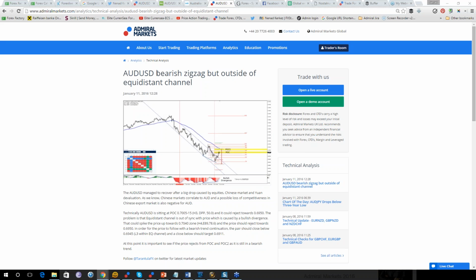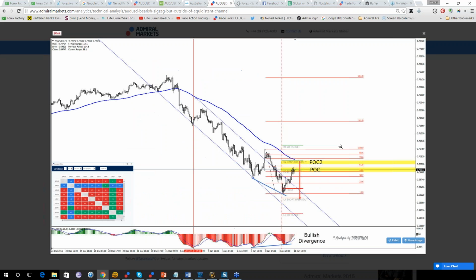You can see Audi bearish zigzag, but outside of equidistant channels. So our Audi was going up, came here exactly at POC2, and it rejected down. And basically, you could have made like 50 pips until this webinar.